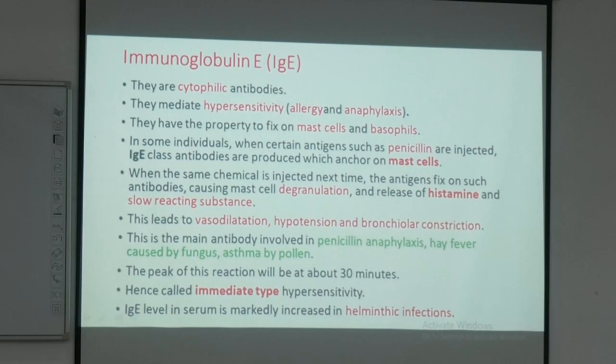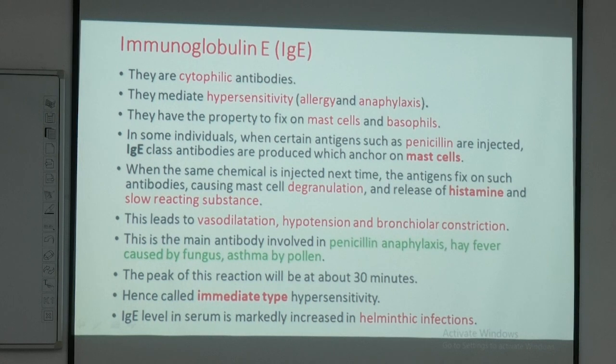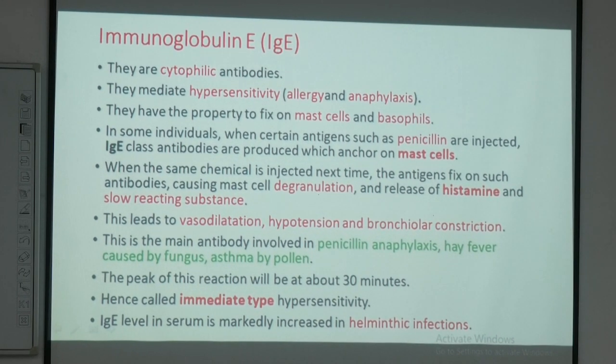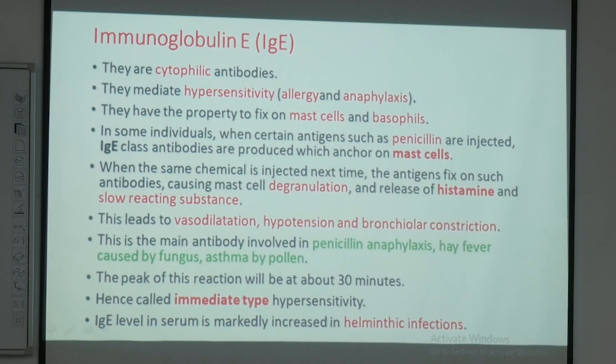So these two cells, the mast cells and the basophils, they produce certain kind of chemicals that induces this allergy. One of the very important chemicals produced by these cells is histamine. So that's why when any person feels they are having allergic reaction in their body, they take what kind of pills?